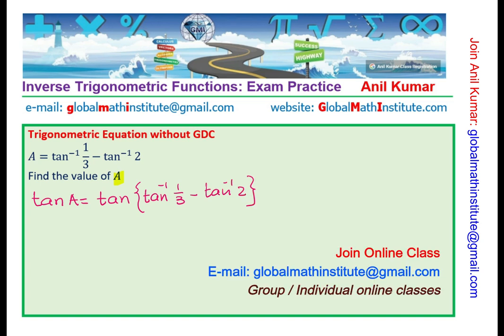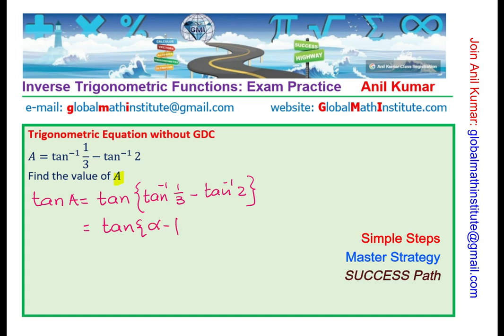Now tan inverse of 1 over 3 is an angle, and tan inverse of 2 is also an angle. So let us say that these angles are alpha and beta. So we can write this as alpha minus beta, right?